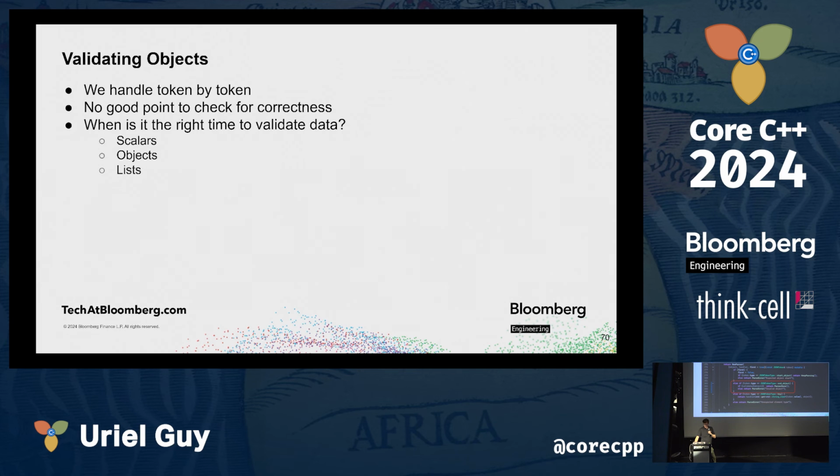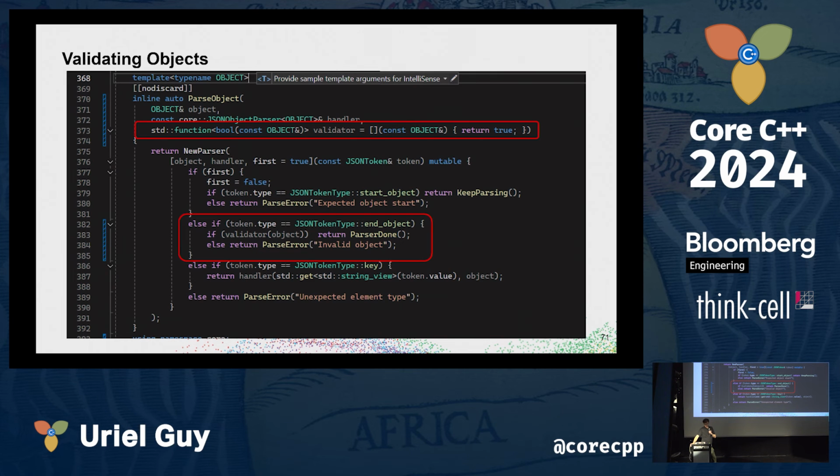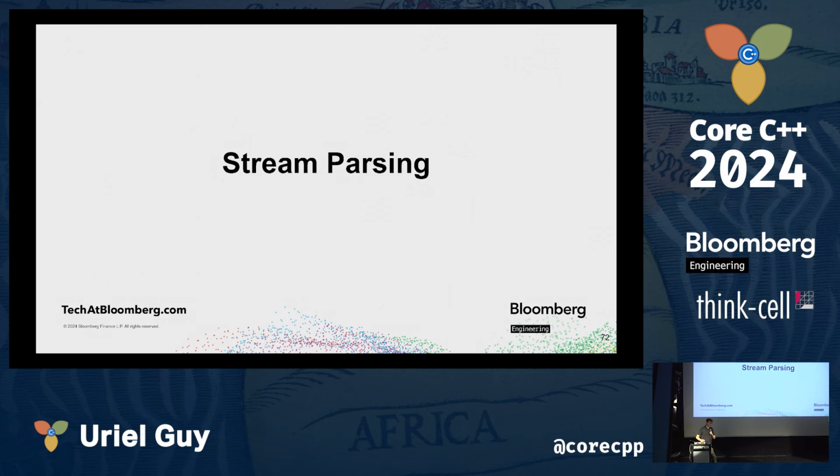This is just a small addition to parse object, where you add a validator function that takes the objects and makes sure that it's fine, and at the end, either returns a parser done or returns an error.